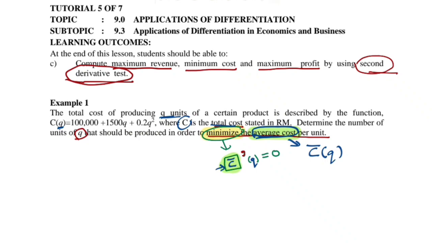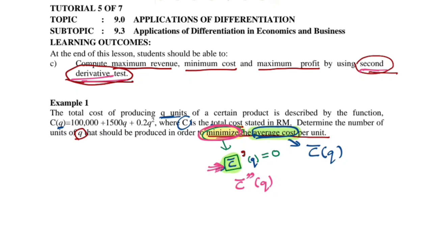Always remember, whenever we minimize or maximize a function, you have to do this second method, which is by using the second derivative test to check whether the function really maximizes or minimizes the function. So for this question, this is minimizing the average cost.